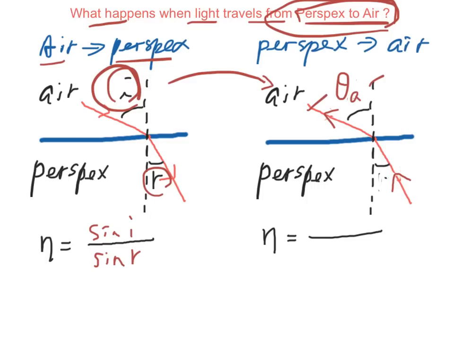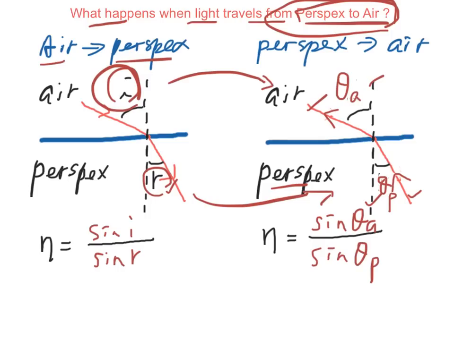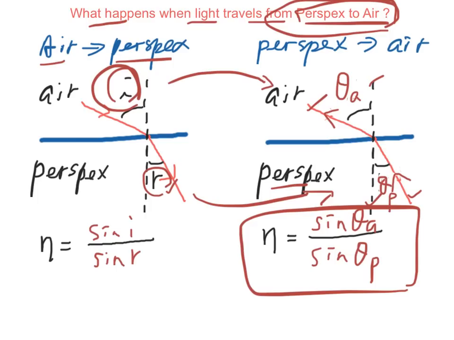And the angle of refraction R will change to theta P, where theta P is the angle between the normal and the light wave in Perspex. Therefore, we have n equal to sin theta A over sin theta P. And this formula is very important.